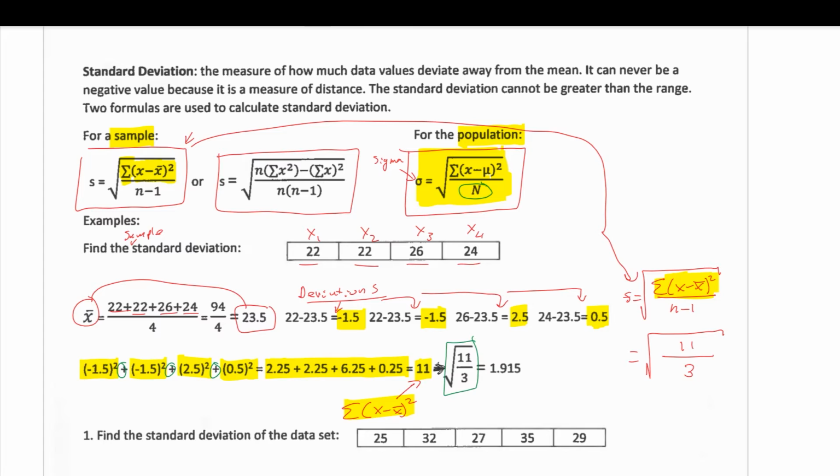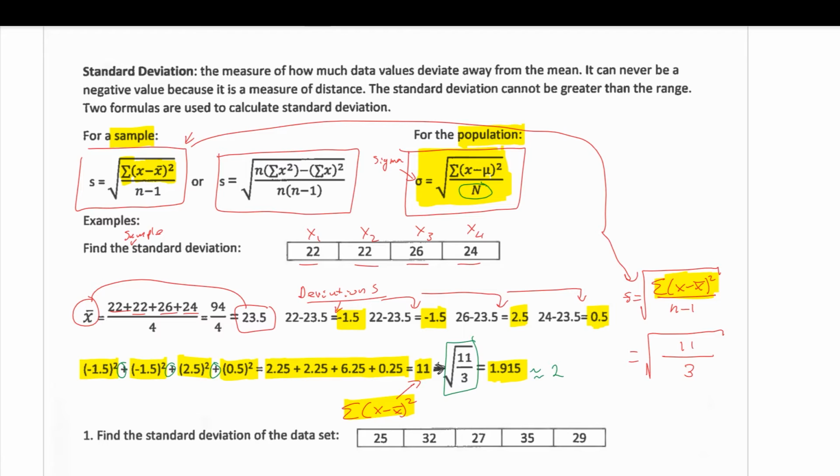And if you run that through your calculator, the standard deviation is 1.915. So what does this number mean? Well, this 1.915 is approximately 2. I'm just going to use that to make my point here. It's essentially the average deviation that every single data value has from the mean.